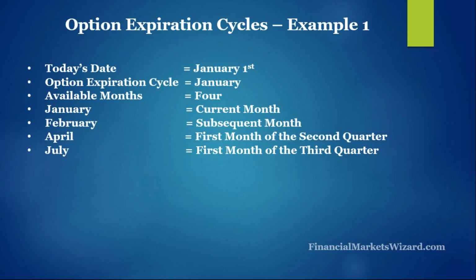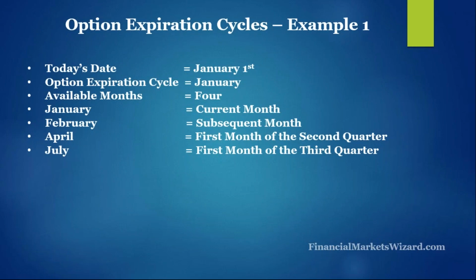But because they added 2 more months for hedging and speculation, they said we will add the current month and the subsequent month, and we will take 2 months from the option cycle. That's the way we will always have 4 months available for trading. We know which months we can add based on the option cycle.